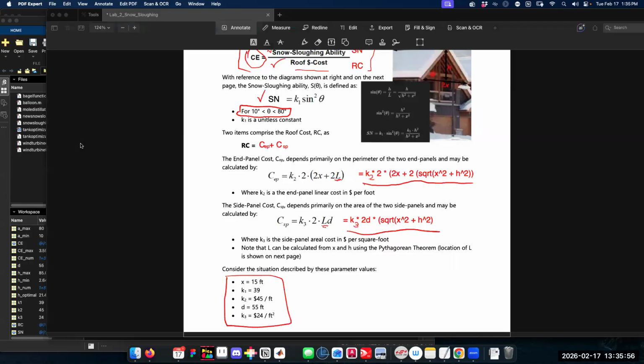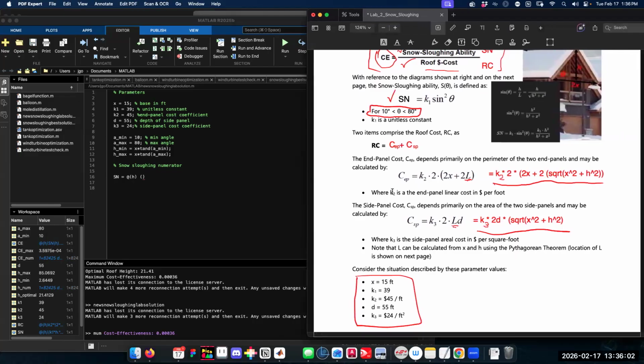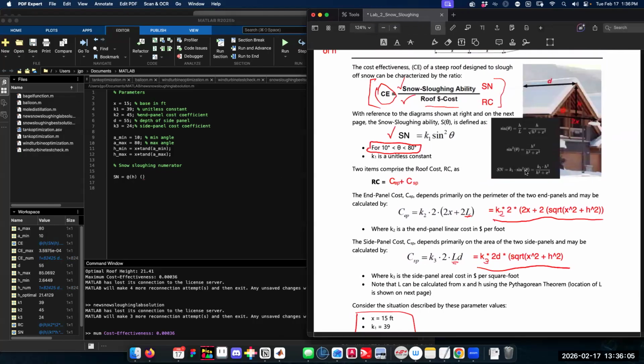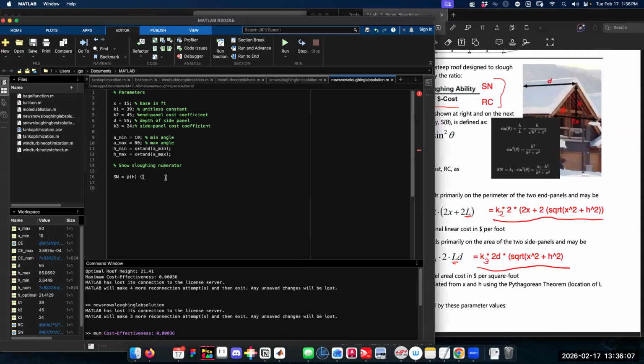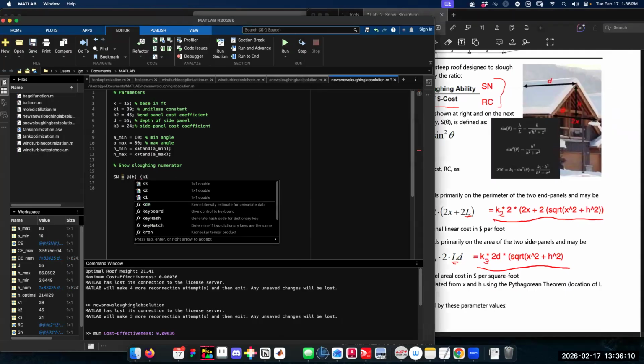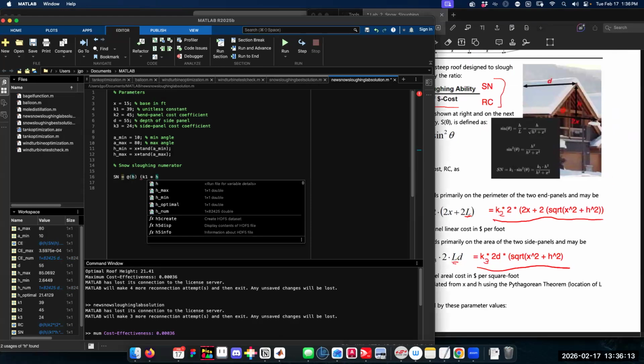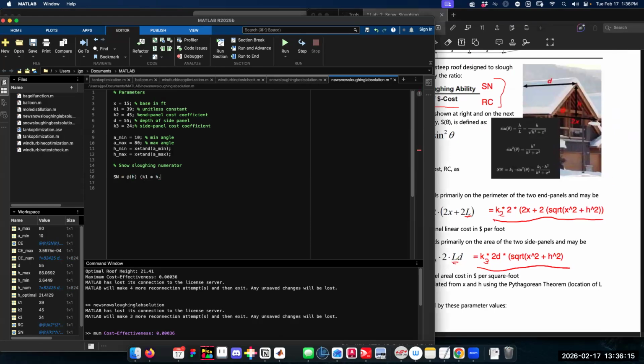So according to Sn, the numerator, right here, we said it's k1 times h squared, and we'll do the dot square since it's element by element. Everything I'll do here is element by element. So that's the numerator, then divided by h squared plus x squared, so h squared plus x squared.